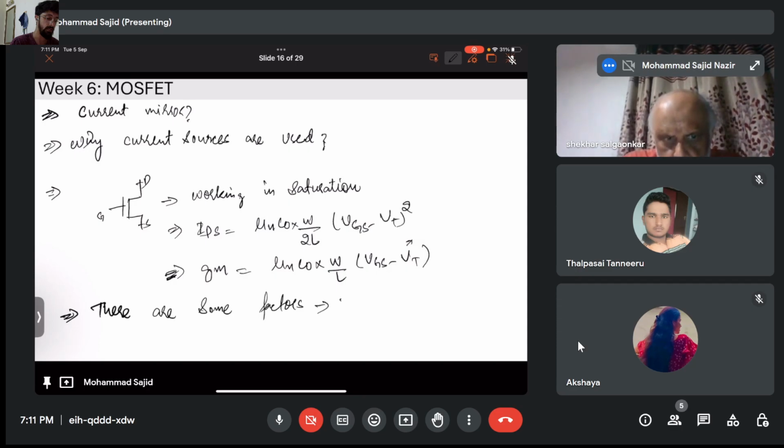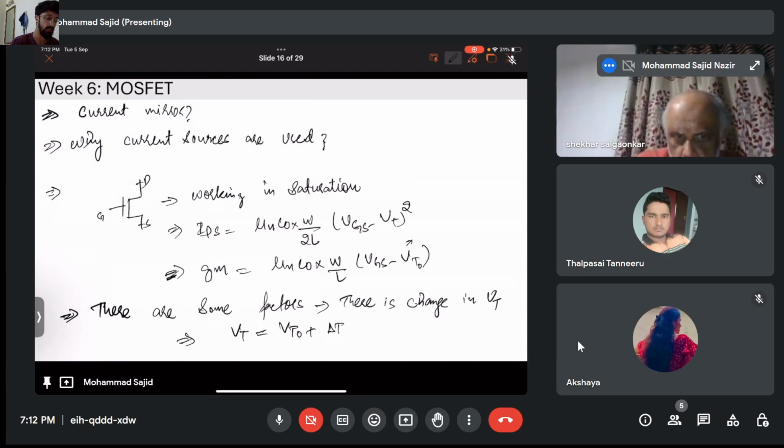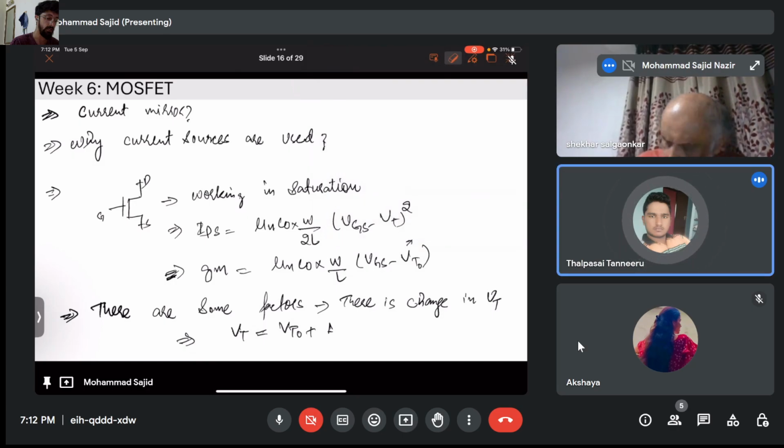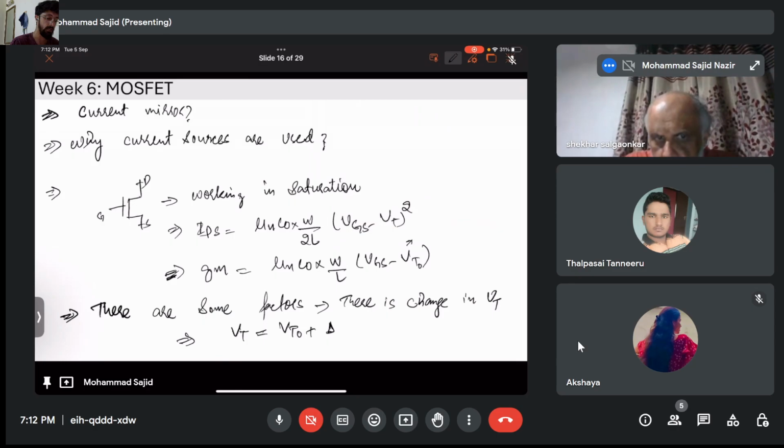There is a change in VT. Let's suppose initially it was VT naught, now your VT is VT naught plus delta V. Let's say temperature is one of the factors. Let's say this is delta VT.